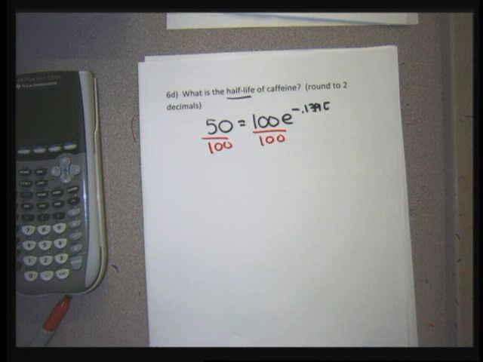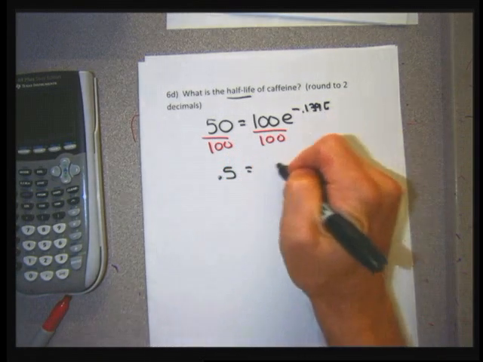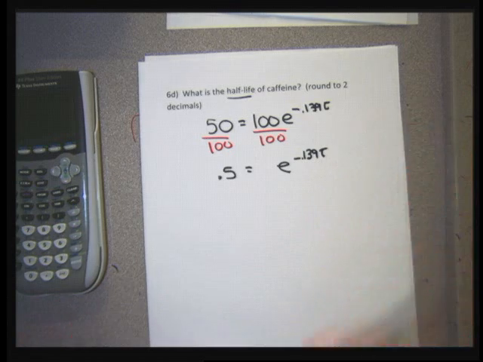So half of 100, which is the initial quantity, I put in half of that, 50, for the left-hand side of the equation. I'll solve for t. On the left-hand side, you get 0.5, or 1/2 when you do the division. On the right-hand side, you get e to the negative 0.139t.